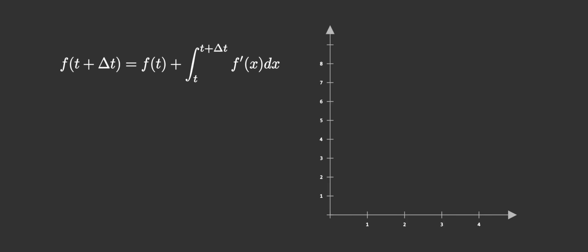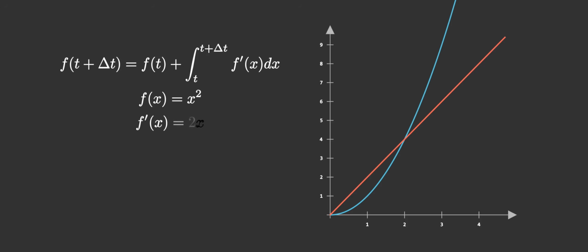Let's say now you have a function f(x) equals x squared. You take the derivative of it and you get f'(x) equals 2x. And now you are at time t equals 1, so your velocity is positive 2. You can use f'(x) to calculate your velocity and move it around, but a computer cannot do that.